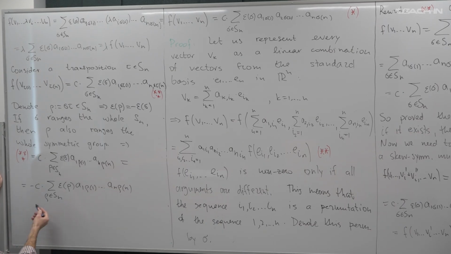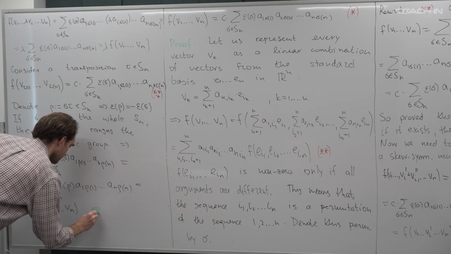Here we just changed the notation, so we use the letter rho instead of the symbol sigma, and this is exactly minus f of v1, etc., vn. So we see that when we swap a pair of arguments, we get the same value of the function, but with a minus. So this proves that our function is skew-symmetric, and so this proves the theorem.